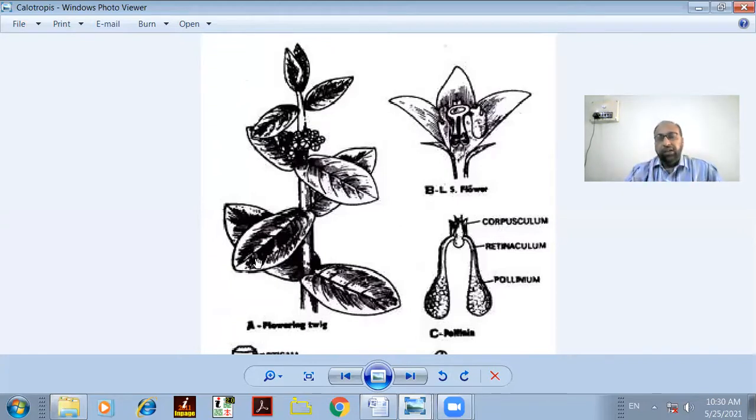Like that, each and every leaf structure has the opposite decussate condition, and that's why this is the important and ideal characteristic of Calotropis or the Asclepiadaceae family.